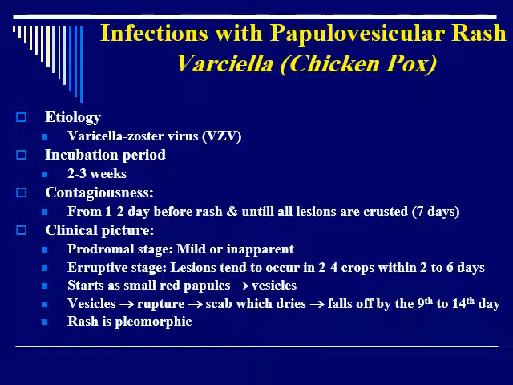The appearance of rash in crops gives the characteristic pleomorphism of varicella infection. We are going to find lesions in the vesicular stage and lesions in the crust stage and so on. So it is pleomorphic, of different shapes.